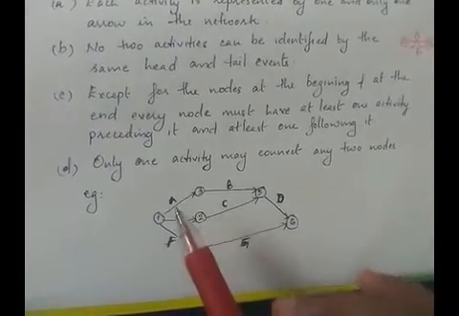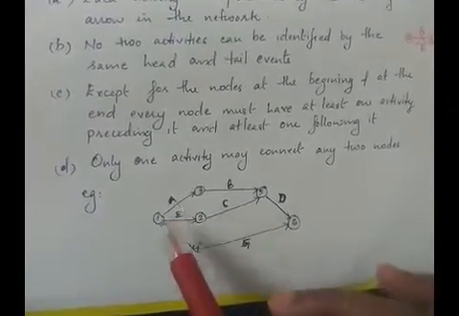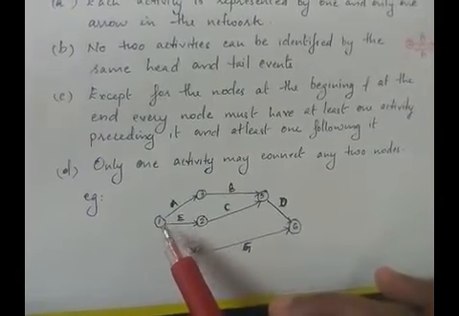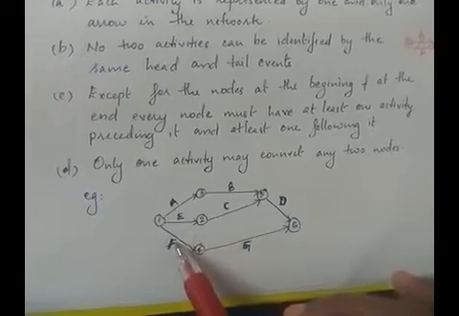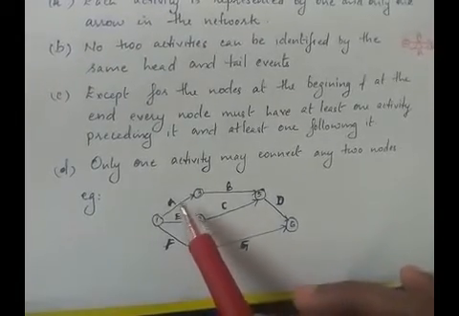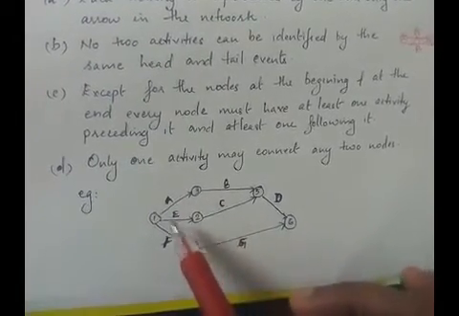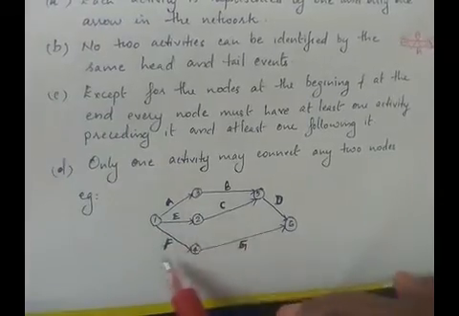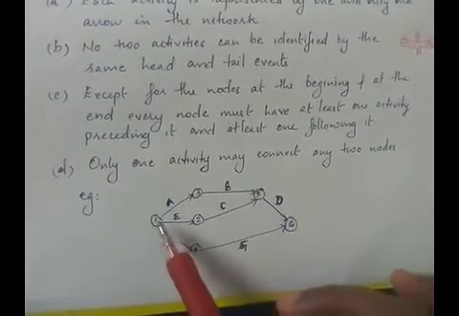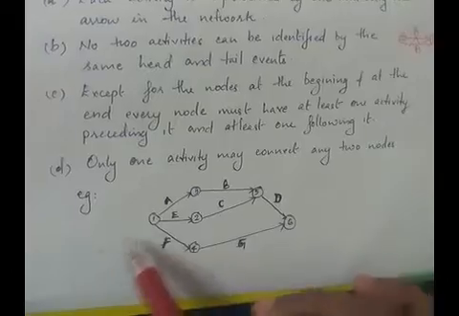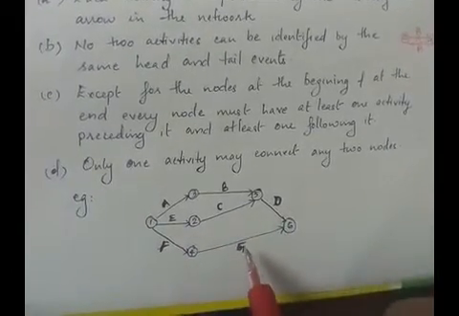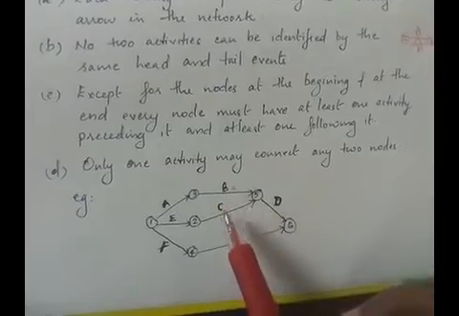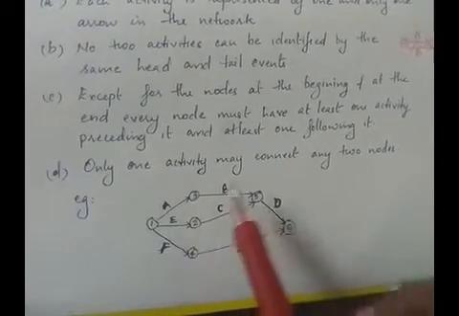So here the starting event is 1, but the starting activities are A, E and F. We have 3 starting activities, and we identify them as starting activities since they don't have a preceding activity. So except for the starting activities and the ending activities, all other activities should have a preceding and succeeding activity.